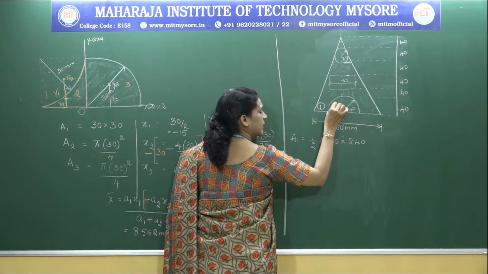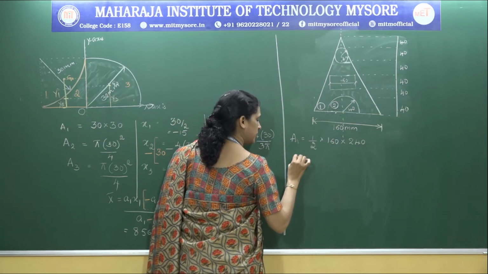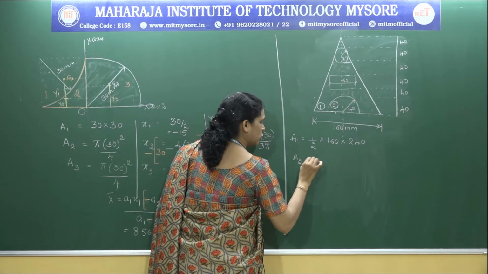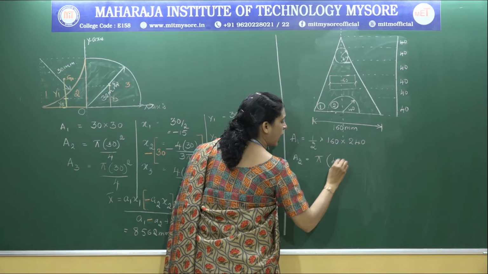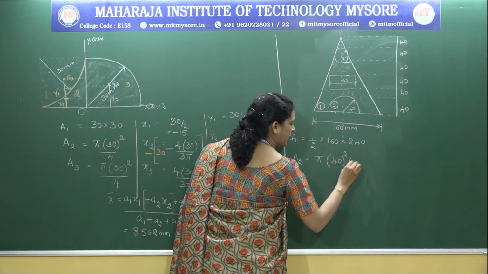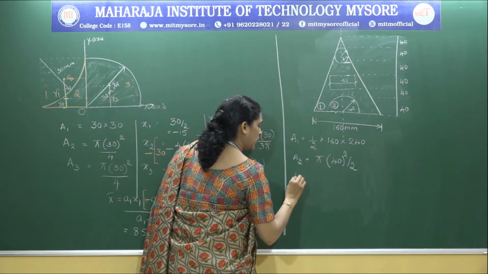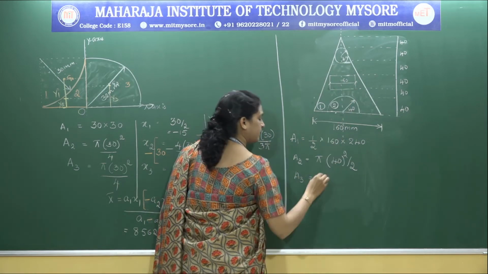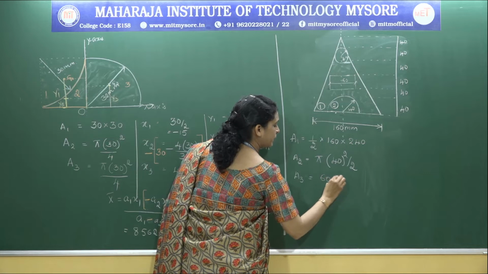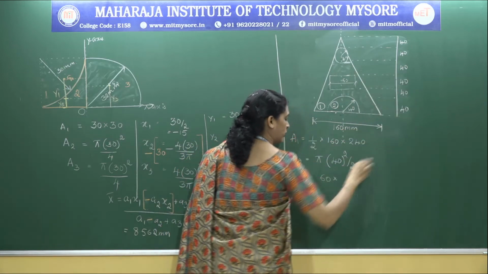Next, the second section is a semicircle. So the area of the semicircle is pi r square by 2. Area of the rectangle is 60 by 40.